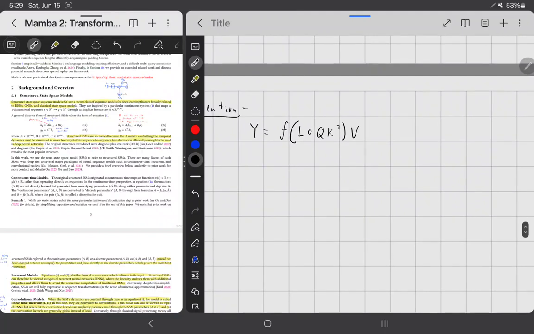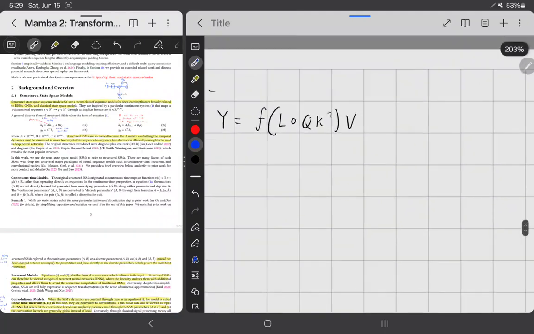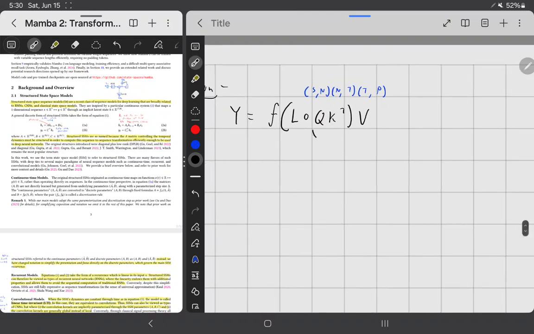where these matrices here, I think they formulated it as S by N, N by T, and T by P. Basically, you have an inner product between your queries and keys, and an outer product with your values.